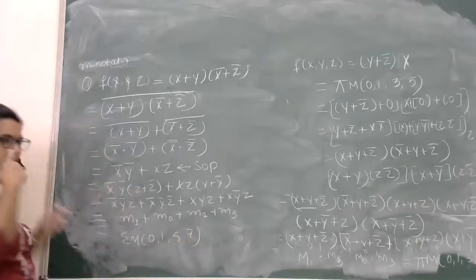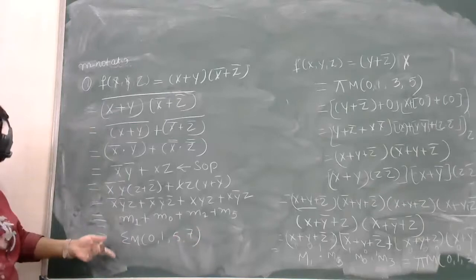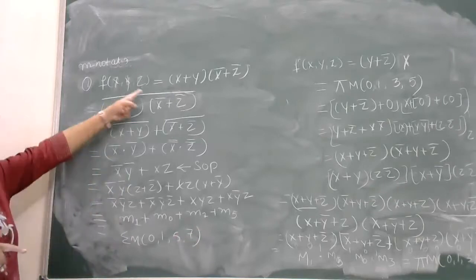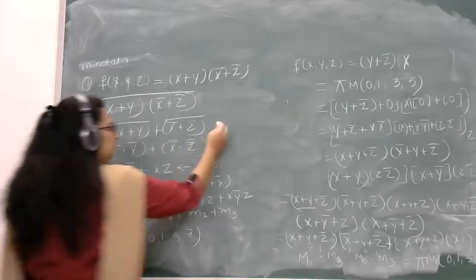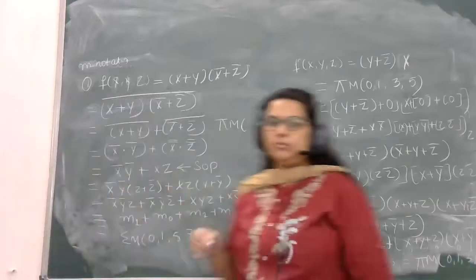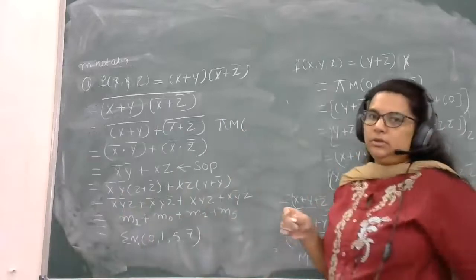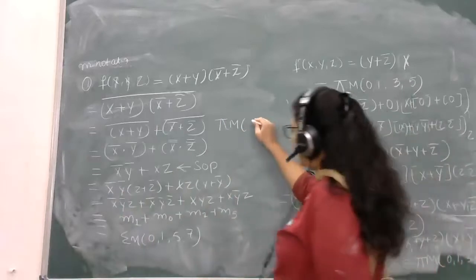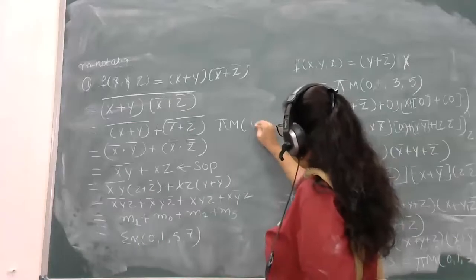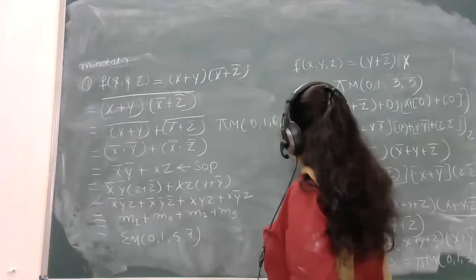Okay, tell me what was the expression you got in the big M? For the same problem, what was your big M, pi M? What is the answer? 0167. Sigma m of 0167.